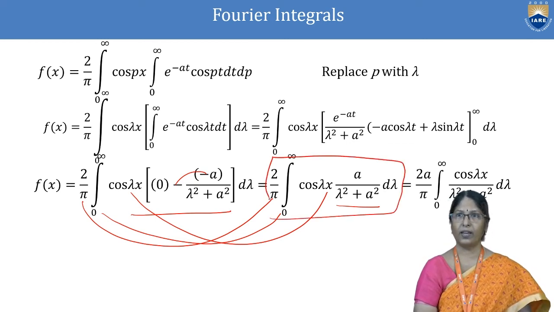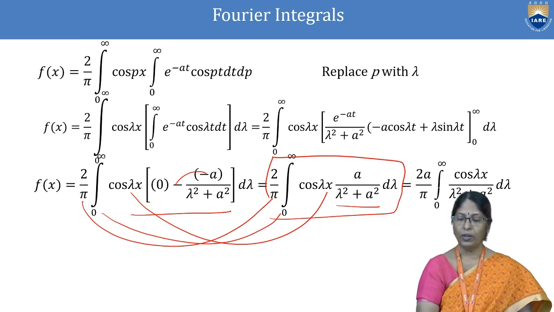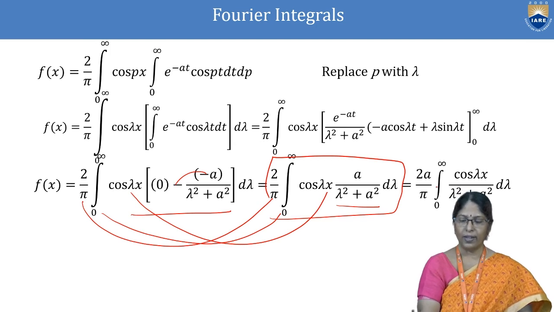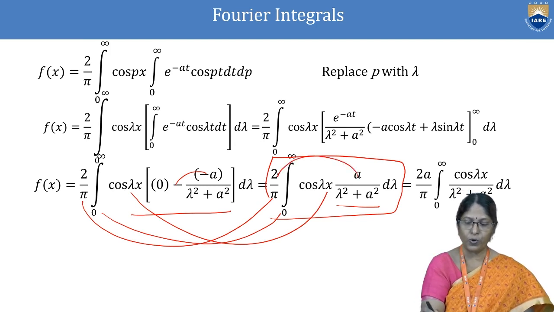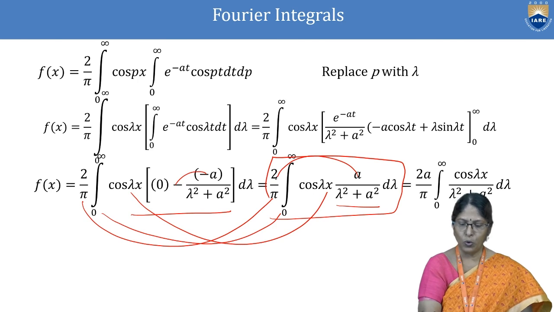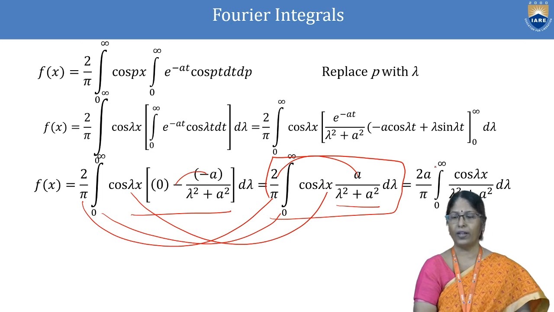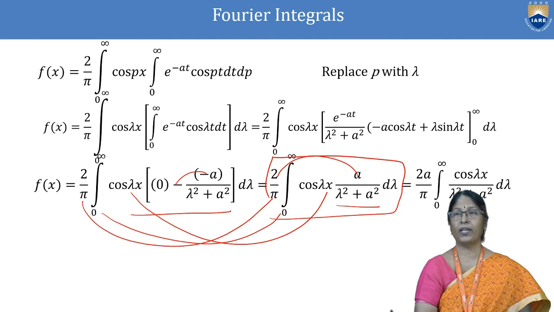The next step: what we have to prove has 2a in front of the integral. That is the reason we push a to the front. 2 by pi has now become 2a by pi integral 0 to infinity cos lambda x by lambda square plus a square d lambda.